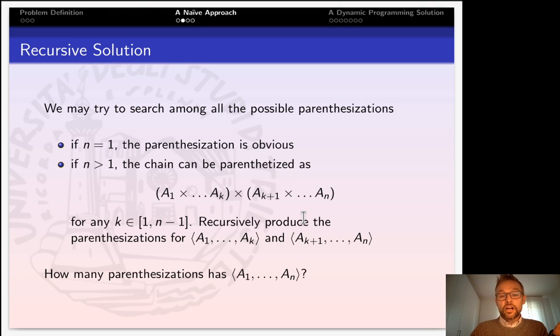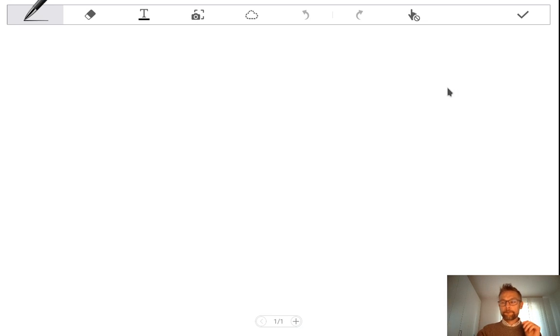Now the problem is, how many parenthesizations are we going to produce? Any guess? Anyhow, let's try to figure out a possible number for this number of parenthesizations. Let's say we want to compute the number of parenthesizations for a chain of size n, P(n).